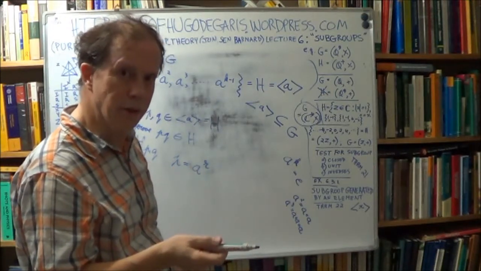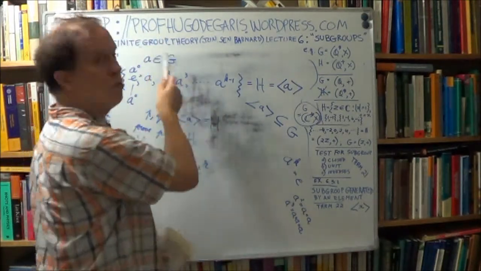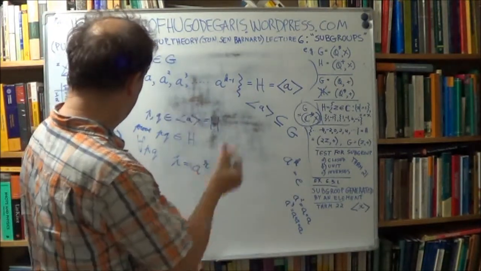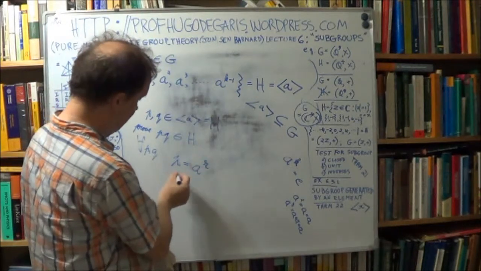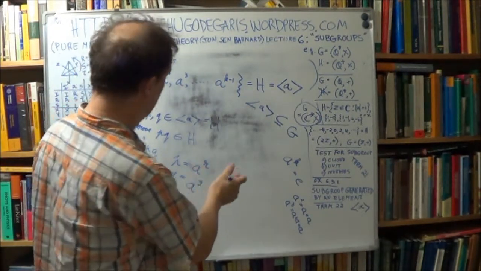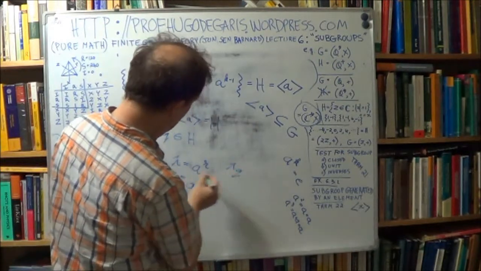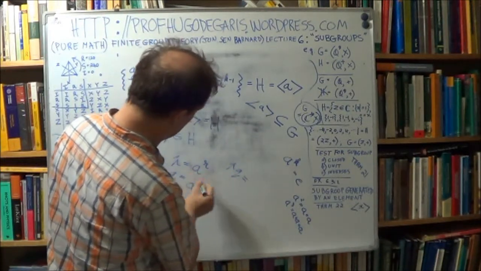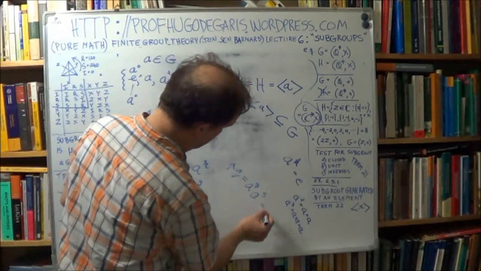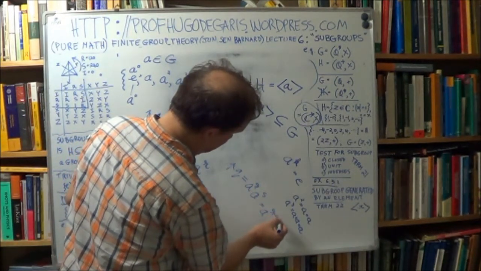They can't be infinite, because the group itself is finite, right? So P is of that form, and Q will be similar. Then PQ is just A^R times A^S, and that's just A^(R+S).